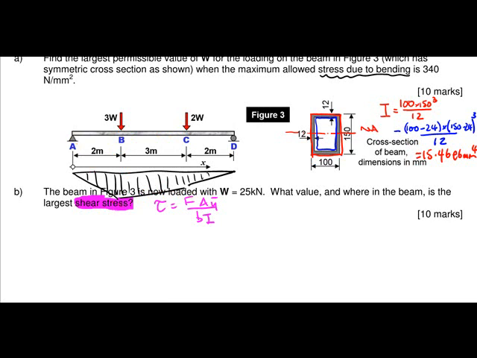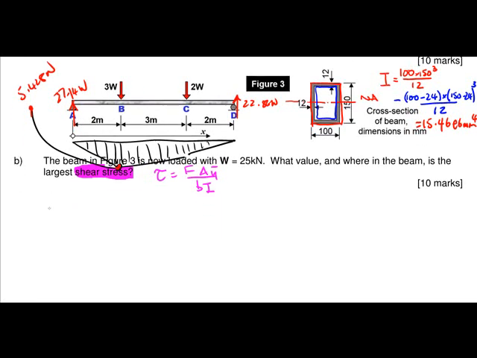You should be able to find, taking moments, that the reaction here is 27.14 W, and on this side is 22.8 W, but the maximum bending moment here is 5.428 W. So use the Missy equation, M over I is equal to sigma over y.